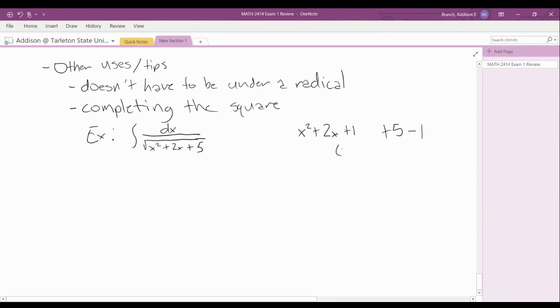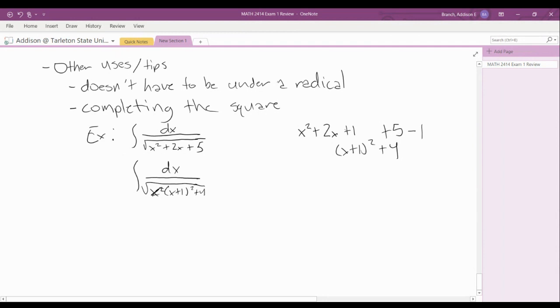Therefore, we would get x squared plus 2x plus 1, which is the same thing as x plus 1 squared, plus 4. All right, so we now have dx over the square root of x plus 1 squared plus 4.